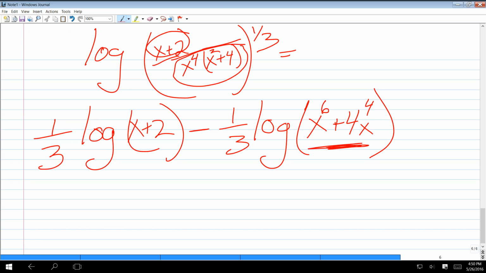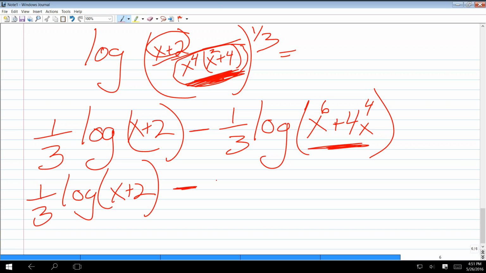Right. And I did start with multiplication, so I actually could have said log of x to the 4th plus log of x squared plus 4. I chose to distribute that first, but there is another way that this could be written.